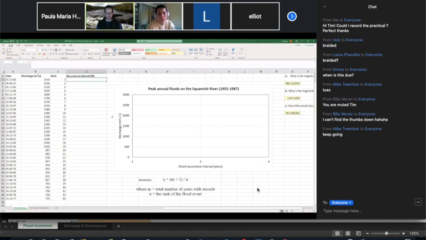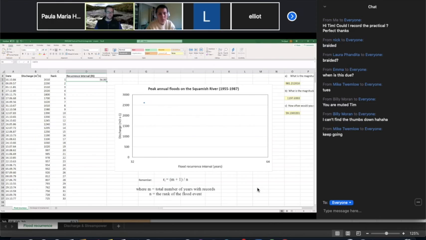So up here we can type a little formula. If you want to be really strict about it, you could go 33 plus 1. I think we all know what the answer to that is. Divided by the rank. And press enter. So 34. The other way you could write that formula out is just equals 34 divided by the rank.